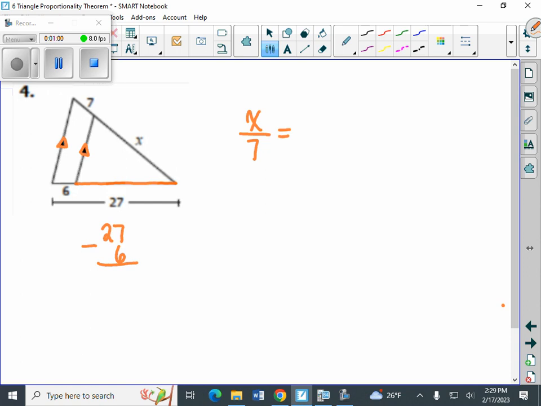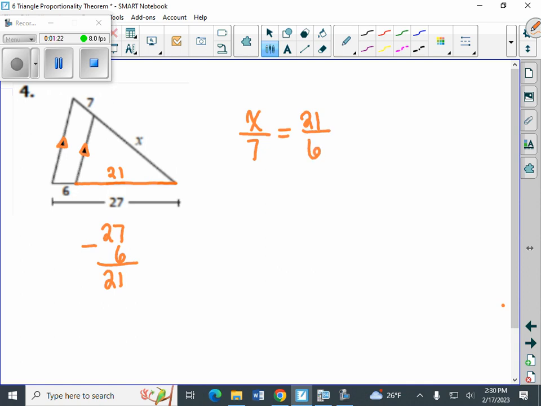So 27 minus 6 is 21. So here, 6 plus 21 equals the entire length of 27. And now we can finish, because I do need to have the 21 across from the x. They are both in that same little triangle if you prefer. And then proportional to the 6 here.